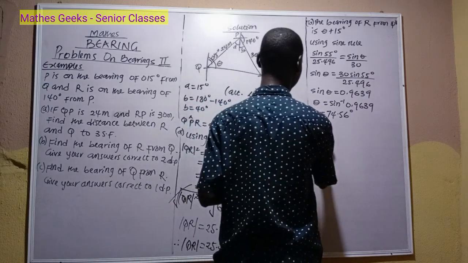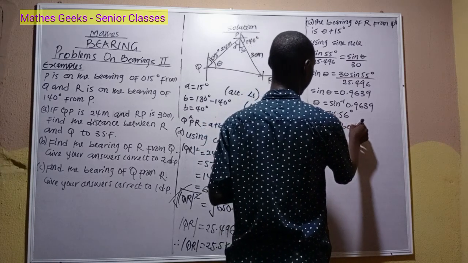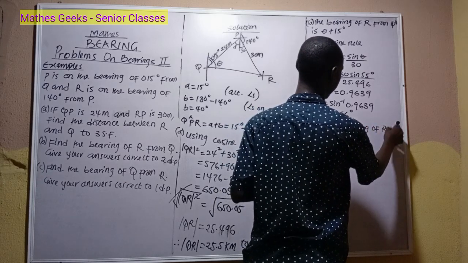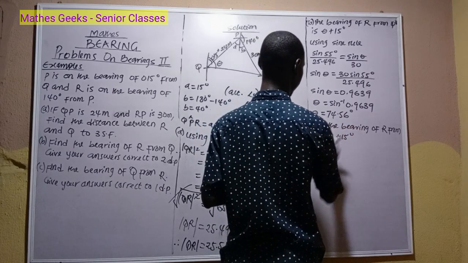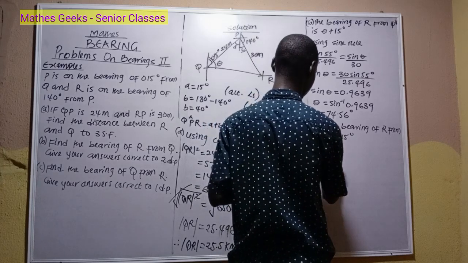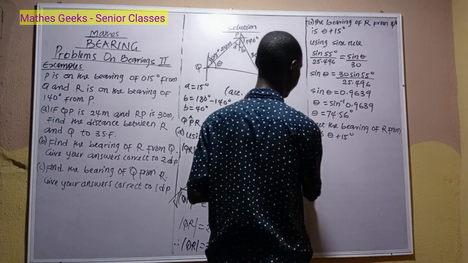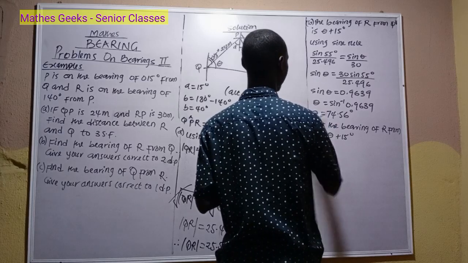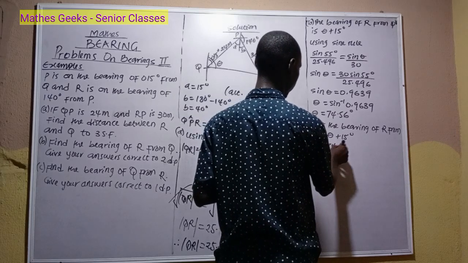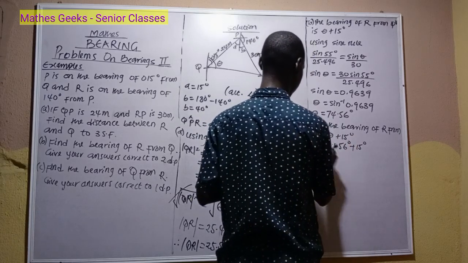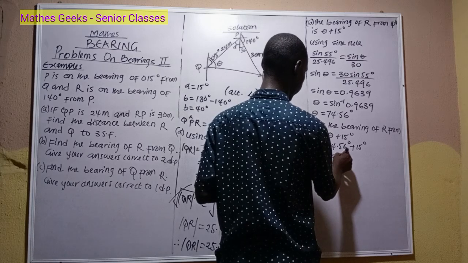But we say that the bearing of R from Q is theta plus 15 degrees, which is equal to 74.56 degrees plus 15 degrees, so 89.56 degrees.